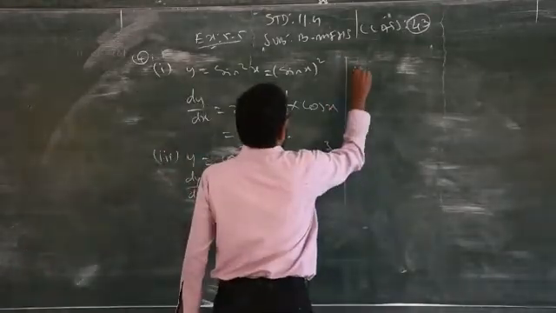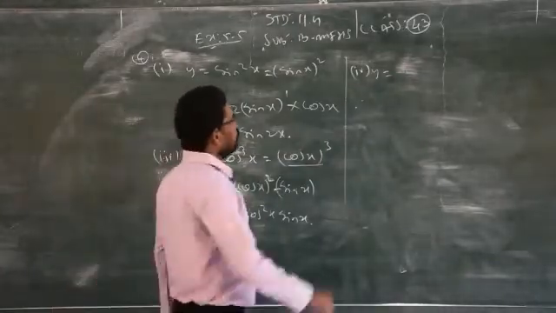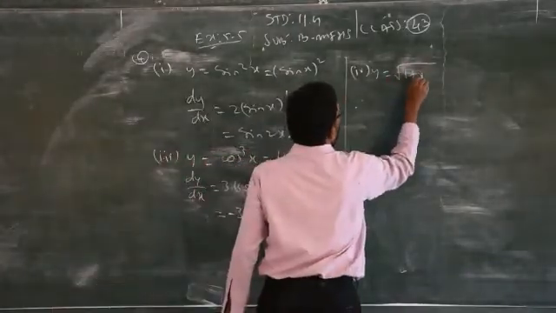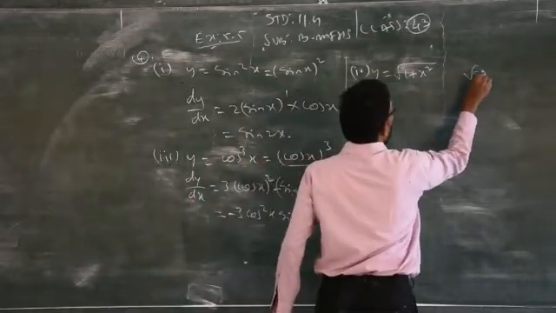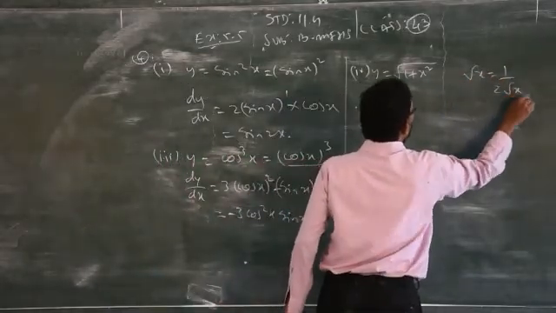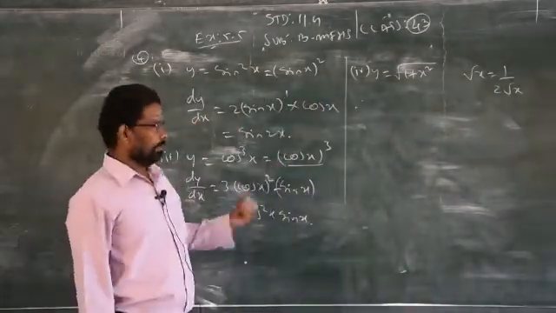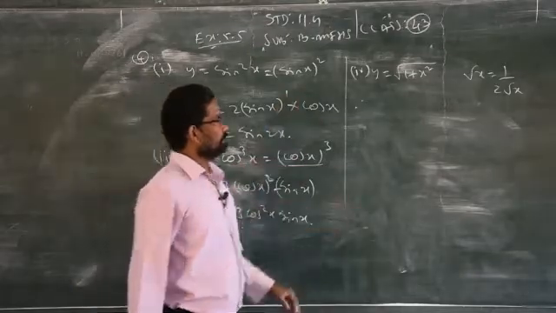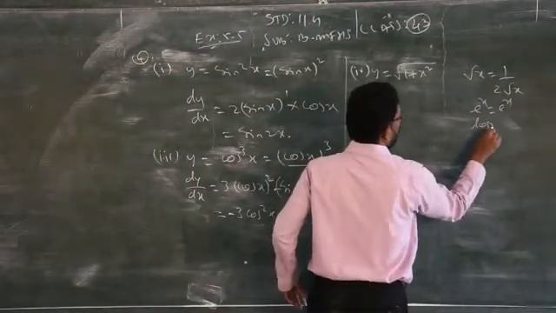The next one, fourth one, y is equal to square root of 1 plus x square. So this you have to remember, derivative of root x is equal to 1 by 2 root x. I told you already you have to memorize some basic formulas, that is the root x formula, e power x formula and log x formula.